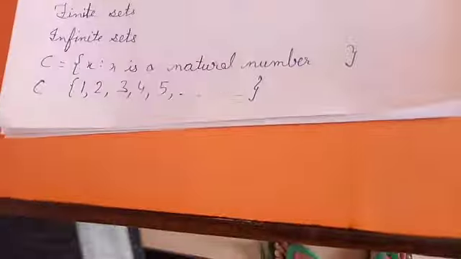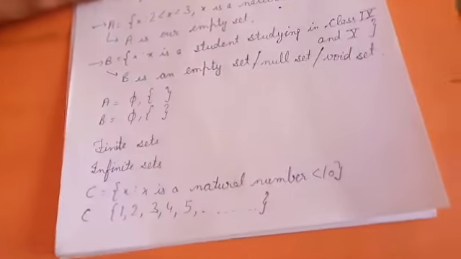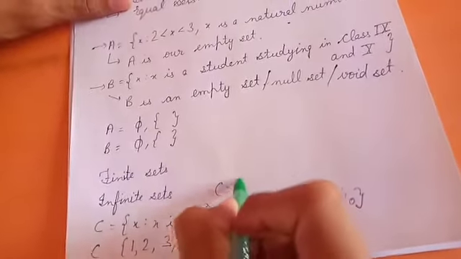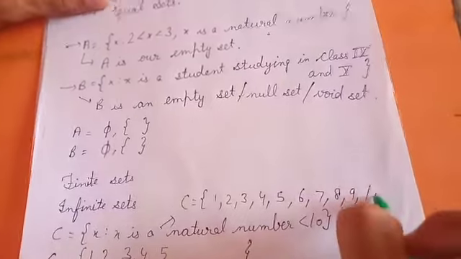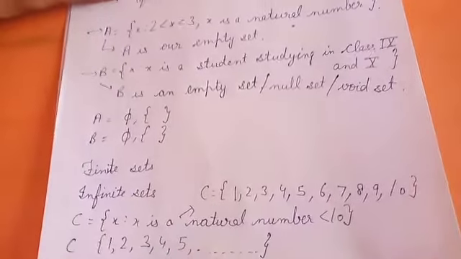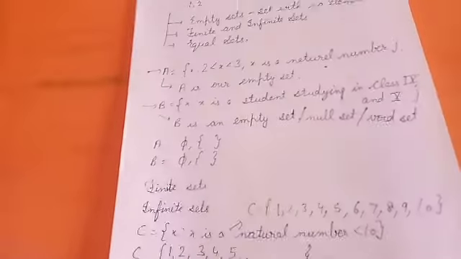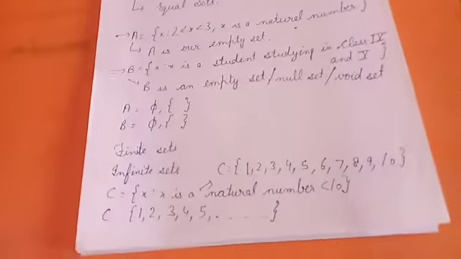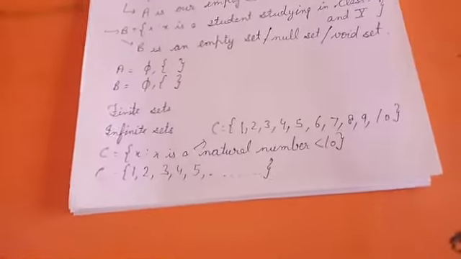And if we make a small change in our set C, that x is a natural number less than 10 or equal to 10, then C is equal to 1, 2, 3, 4, 5, 6, 7, 8, 9 and 10. This means our C is a finite set, because it has 10 elements.